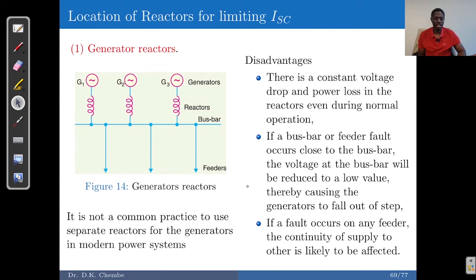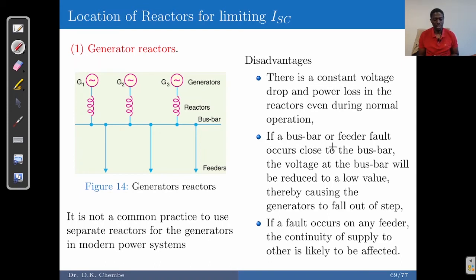Reactors can be installed in various positions in the system. The first position that we look at is the installation of reactors in series with the generator, and we call this generator reactors. These systems do have their own disadvantages. Mostly, there's a constant voltage drop and power loss in the reactors, even during normal operation.